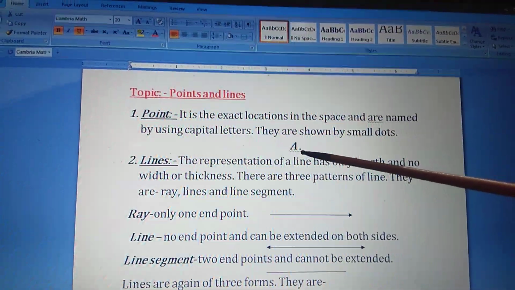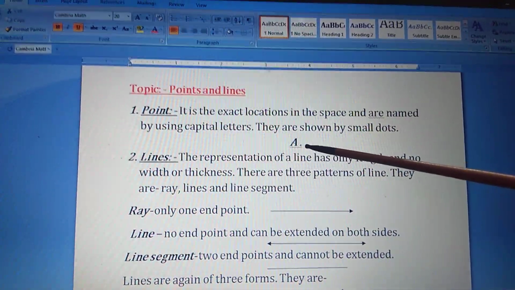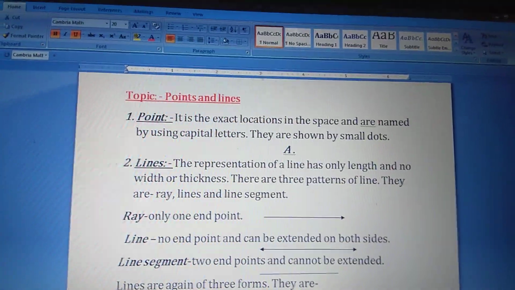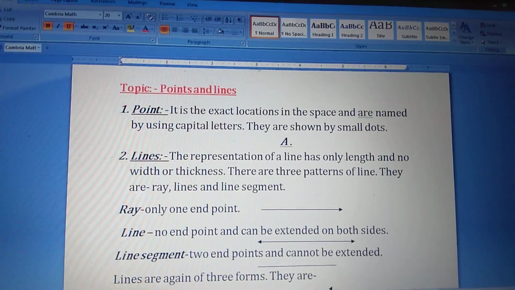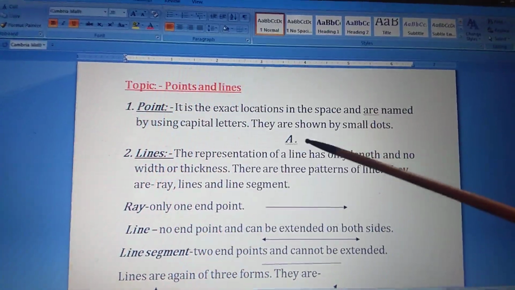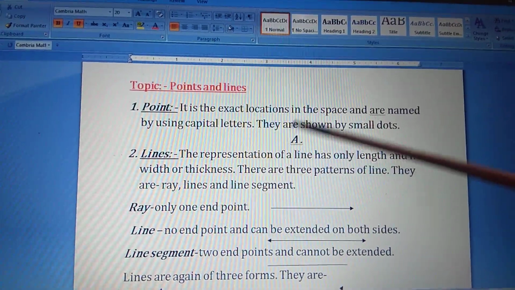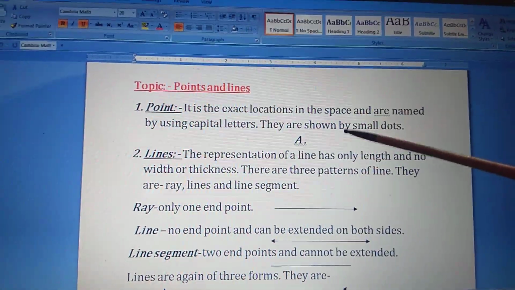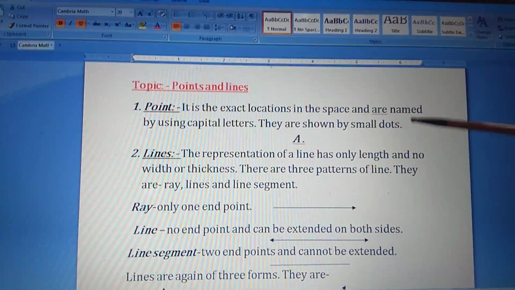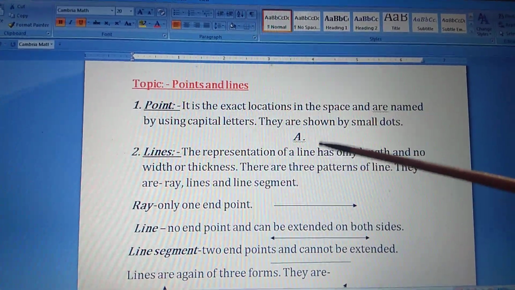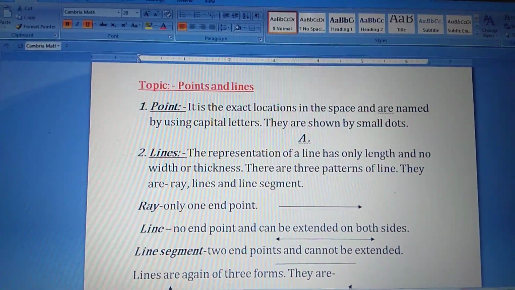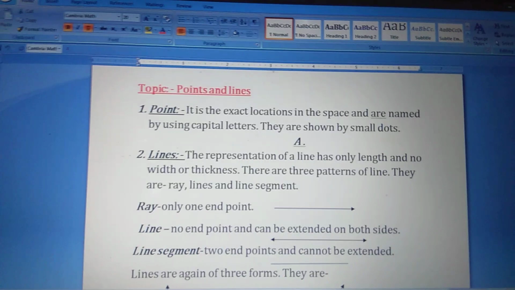This dot is a point and it is always denoted using a capital letter. So a point is a location in space, always denoted by a small dot, and a capital letter is used to represent it. Hope the definition is clear to you.